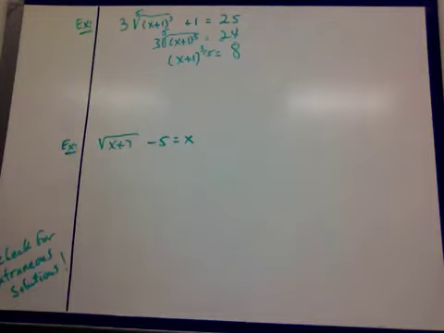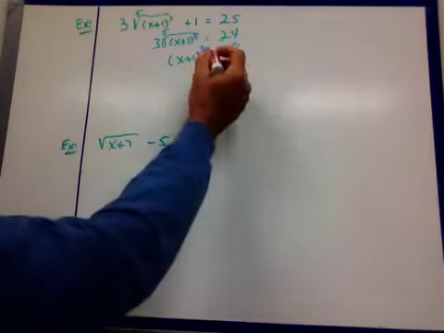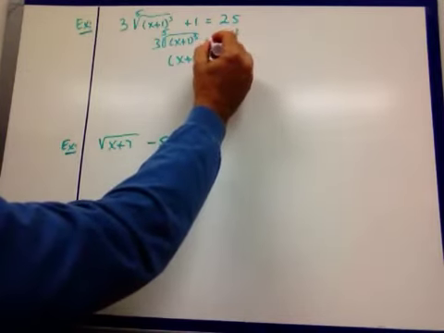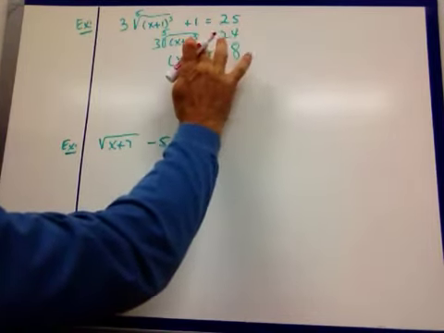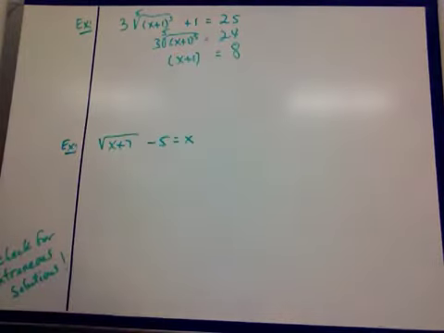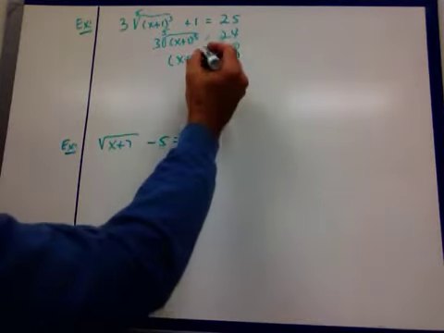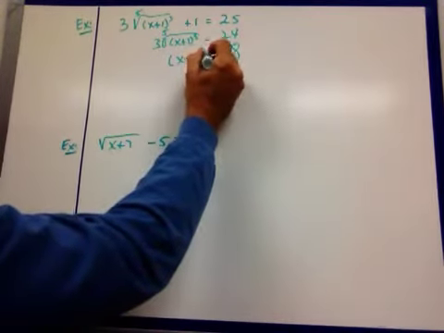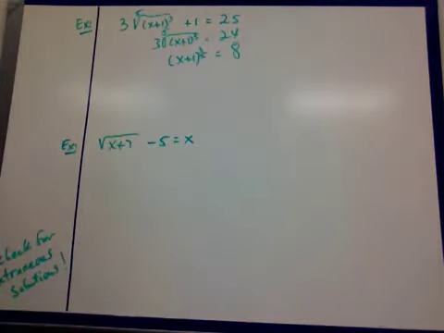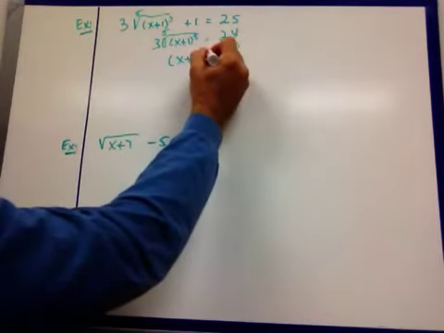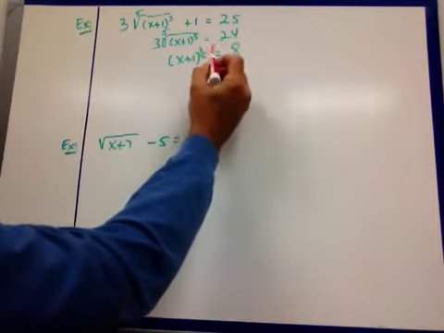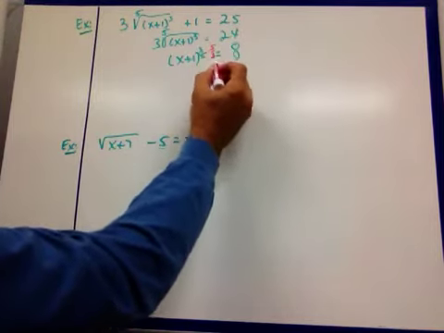Now, how do you get rid of that? How did we get rid of the square root? We squared it. So what we end up doing is multiplying by the reciprocal. This is 3/5, so I'm going to multiply it by its reciprocal, 5/3. Why? Because I get 15 over 15.